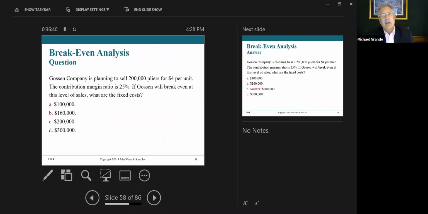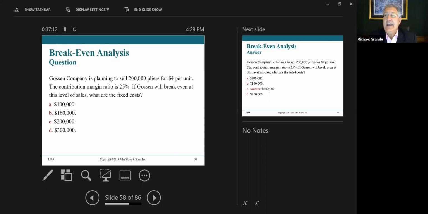So here's another example. Goss & Company is planning to sell 200,000 pliers for $4 per unit. The contribution margin ratio is 25%. If they will break even at this level of sales, what are fixed costs? So let's remember, they're selling 200,000 pliers. The sales price per unit is $4 per unit.